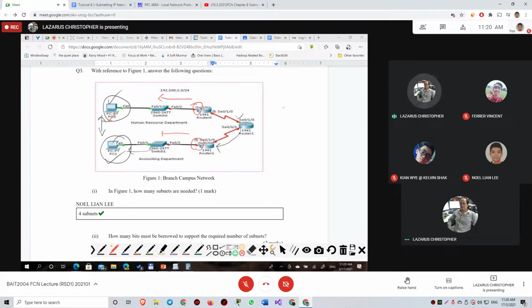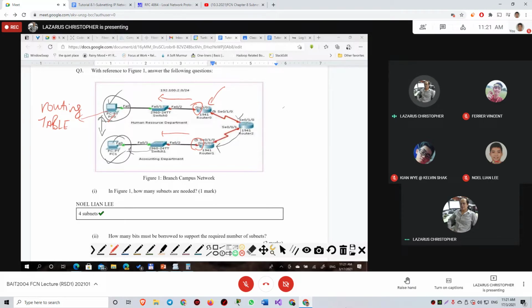Now, inside your own computer, you also have a routing table. You know that? There's a routing table here in the router, but inside your own PC, you also have your own routing table.